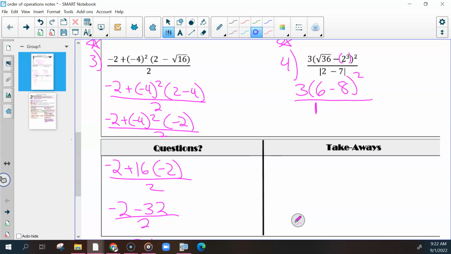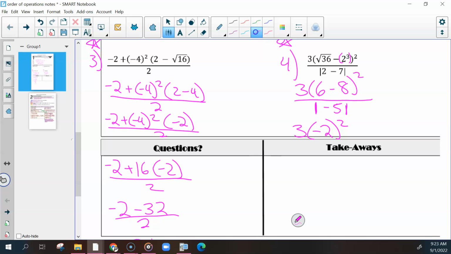So it's going to end up being positive 5, but in this case, we're going to leave it as the negative for now. With absolute values, it's still technically grouping until you no longer have the absolute value bars. So we still need to do both of these things. 6 minus 8 would give us negative 2.